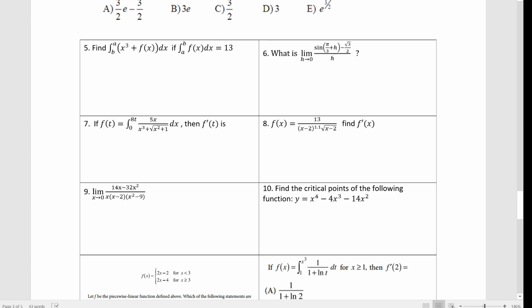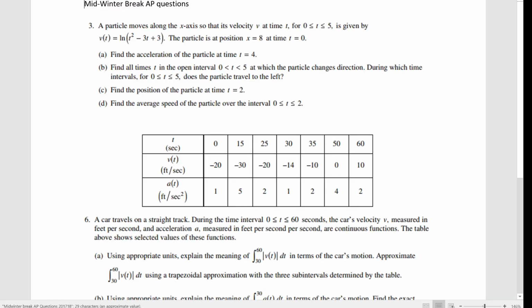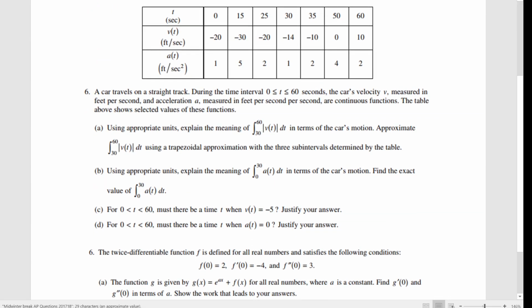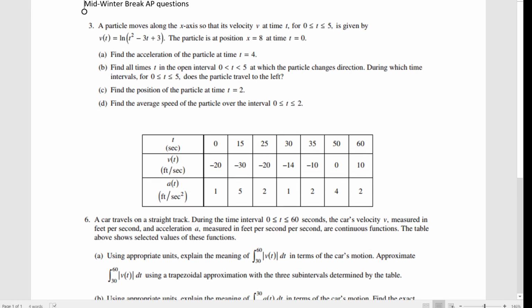Alright, now we're going to do the free response. Let's see if this actually works. I found an old year. Where is it? There we go. It's not a calculator question, so it doesn't really fit what I want.